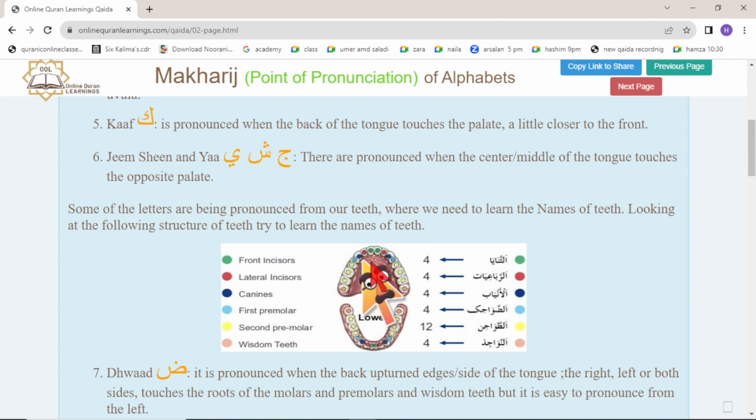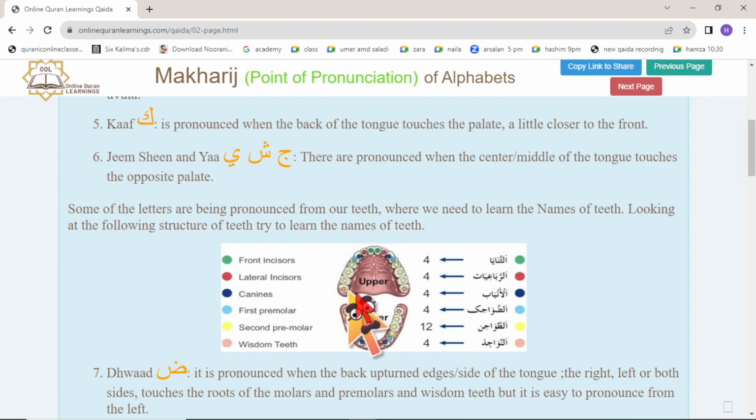After that, the ones on the right and left of the lateral incisors are called canines. After that, the ones next to the canines are called first premolars. Then the ones next to the first premolars are called second premolars. After that comes the wisdom teeth, which are the last teeth of our mouth.